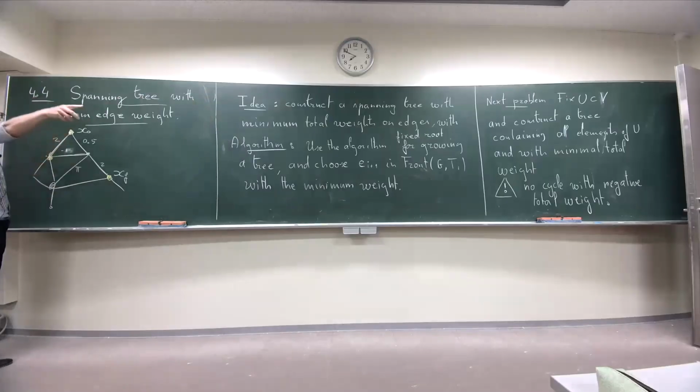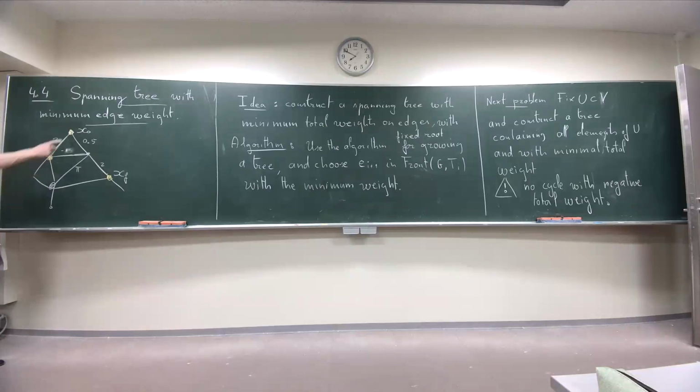Either I put a set U, which is rather big, and I need to find a way to construct a tree containing all these vertices with a minimal total weight. Or now, if I simplify my life, I take an initial point and a final point. So U contains only 2 points. And then the tree is going to be very simple in the sense it's going to be a path.